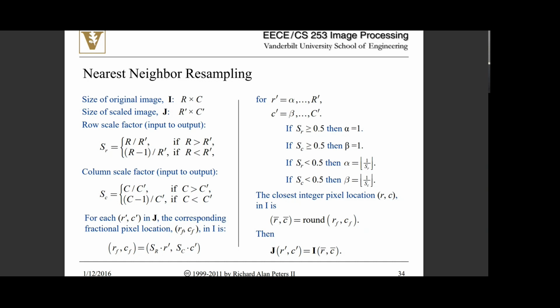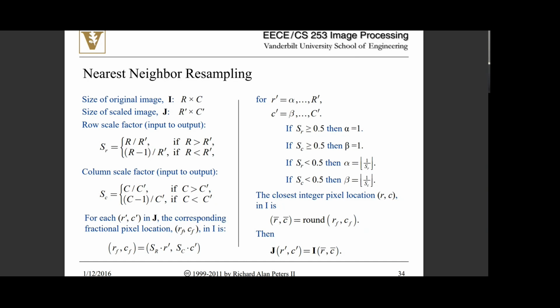Okay, so let's say that we have an original image of size R times C, and we want to produce an image of size R prime C prime.